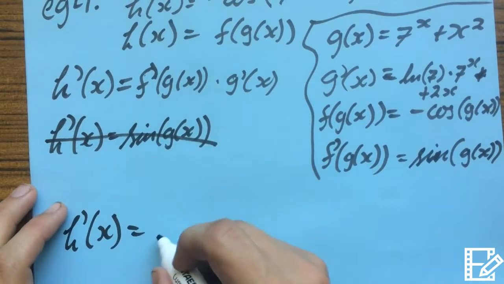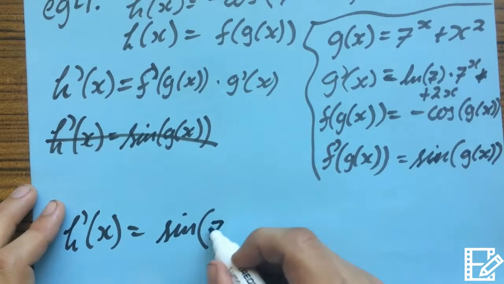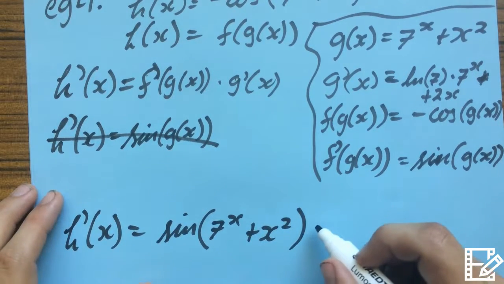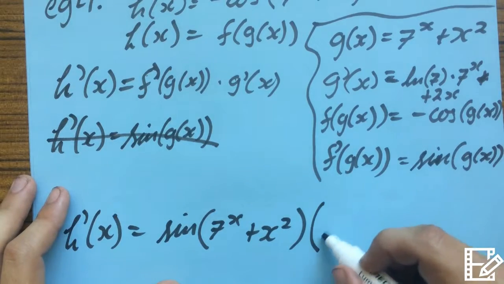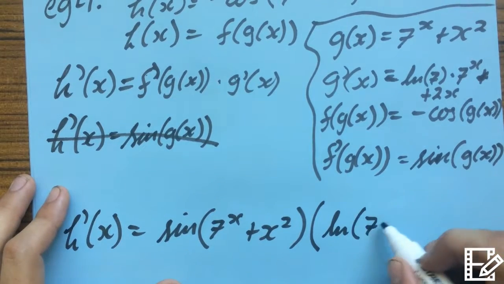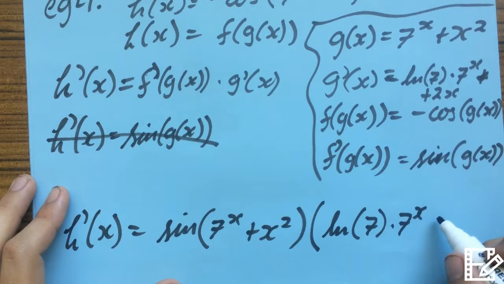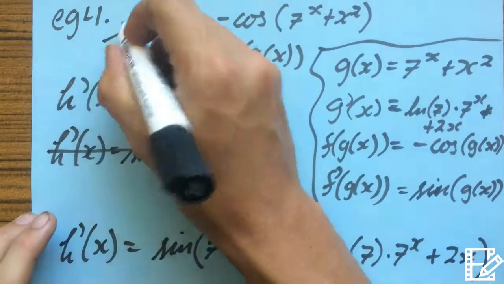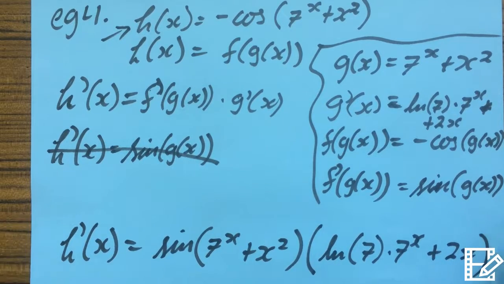Sine g(x), I'll fill in the g(x) now, multiplied by g dash of x, ln 7 multiplied by 7^x, 7 to the power of x plus 2x, and that is your first derivative of this up here. Thanks for watching. I hope this helped.